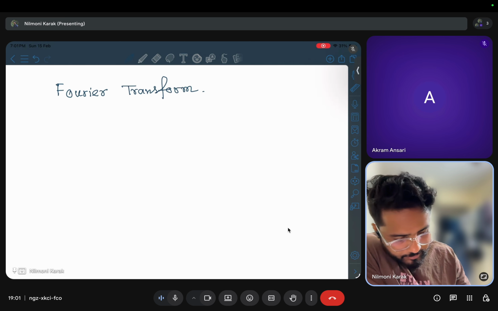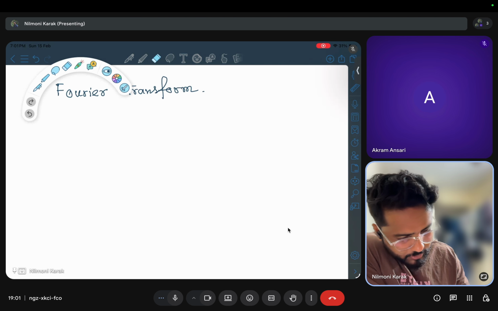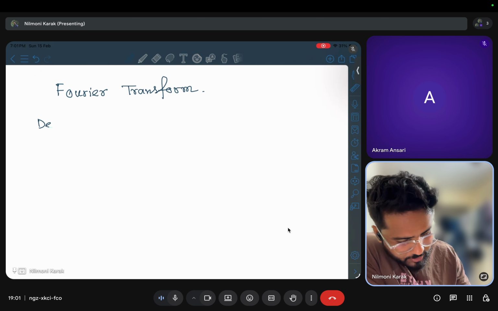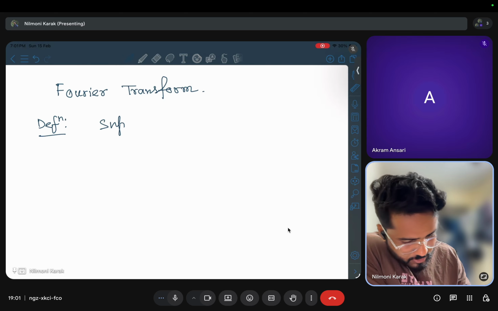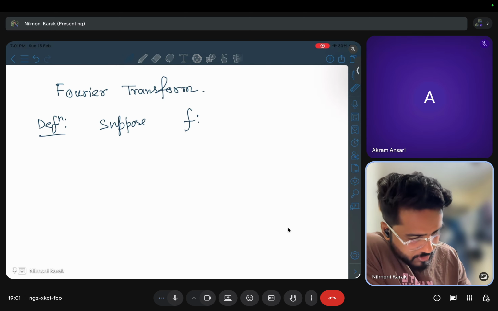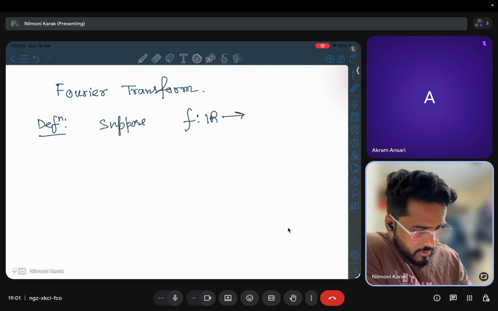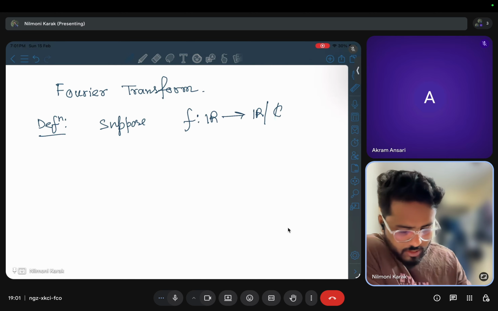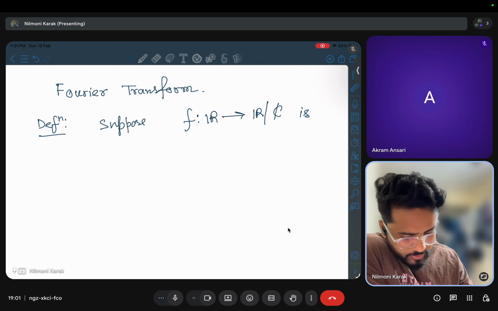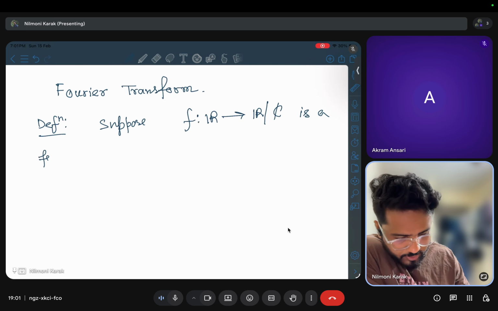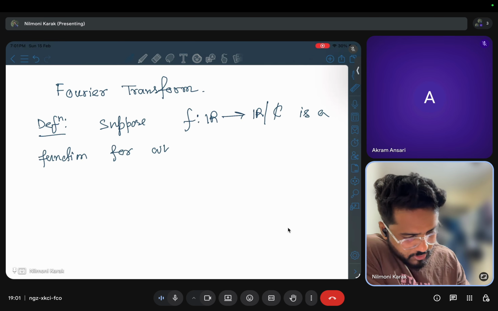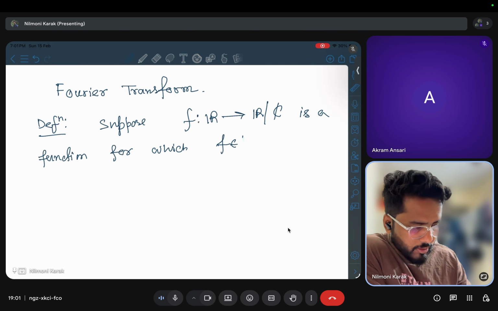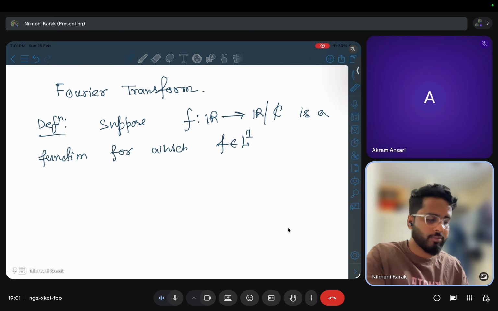So what is the definition? Suppose f is a function from R to R or C, a function for which f is in L1, meaning f should be integrable.